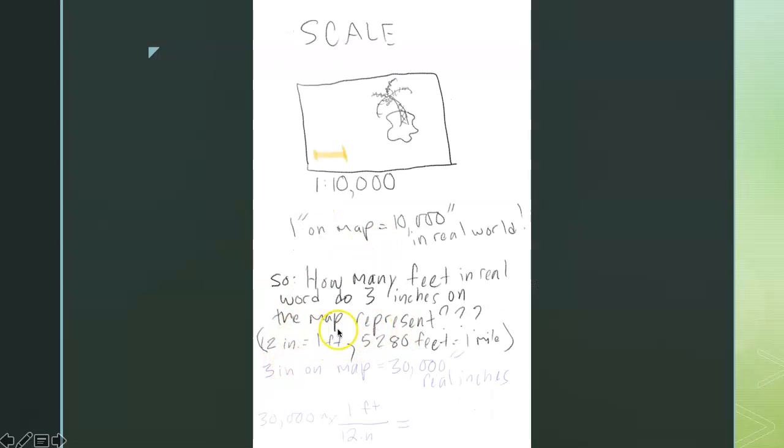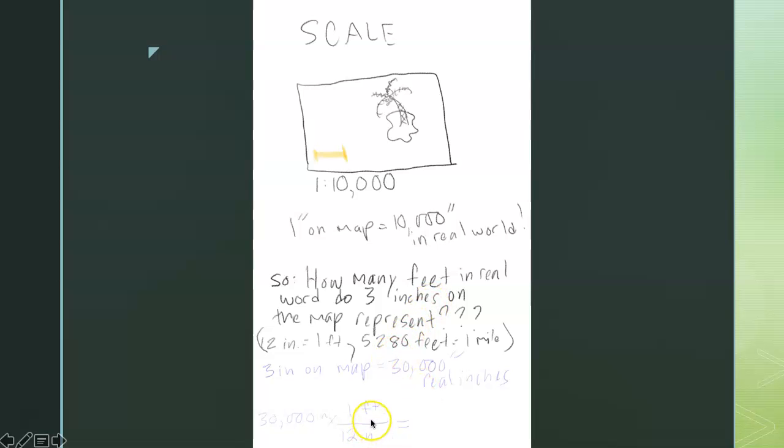Now here I've provided you with some conversion factors. I will always provide these, or you can look them up, or you can look in the very back of your online free lab manual, link provided in syllabus. 3 inches on the map equal 30,000 inches in real life. And the question wants me to turn that into feet.